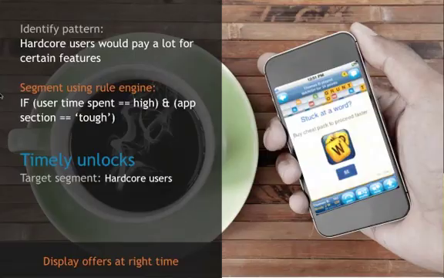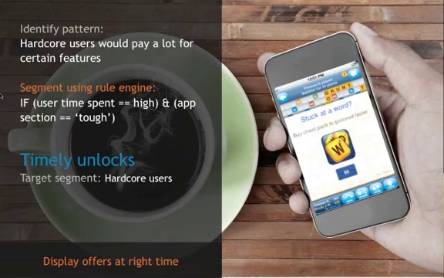Again, an identified pattern in the industry: your hardcore users would pay a lot for certain features. So having understood that, you want to create a segment of users where you're only targeting these hardcore users and understanding which parts of your app they are using. What are they doing? Are they stuck at a particular level?